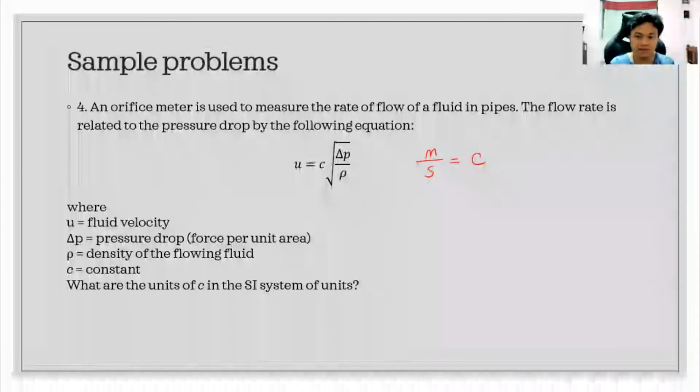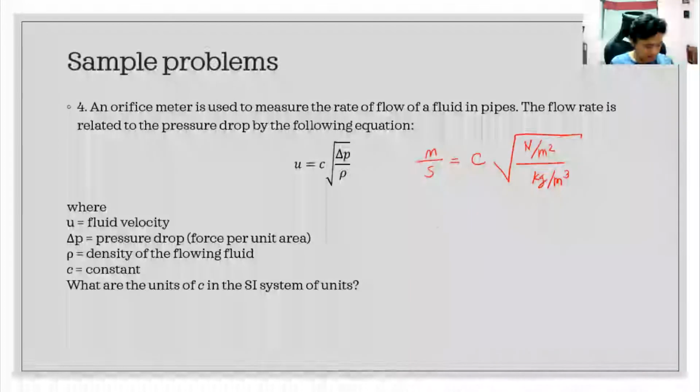And inside of our radical sign, we have the units of our pressure. For simplicity, we can choose pascals, which has the units newtons per square meter, right? Then over our density, which is kilograms per cubic meter.